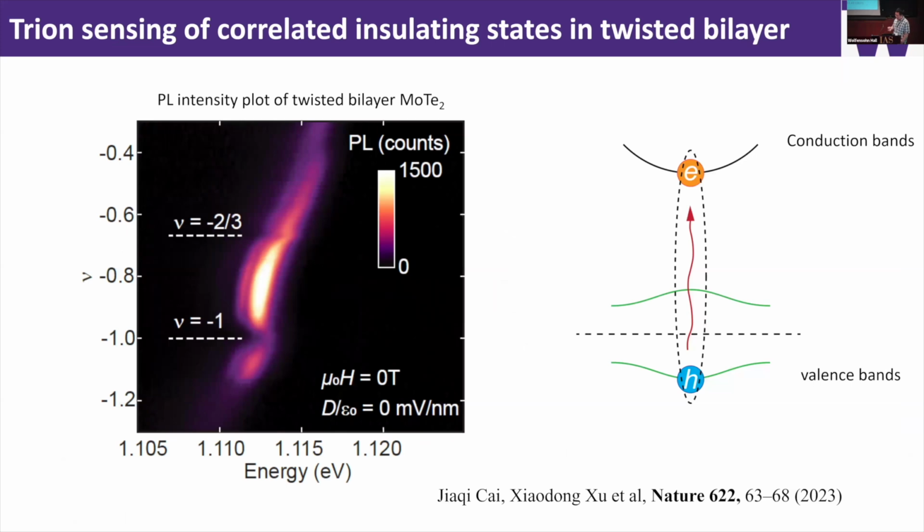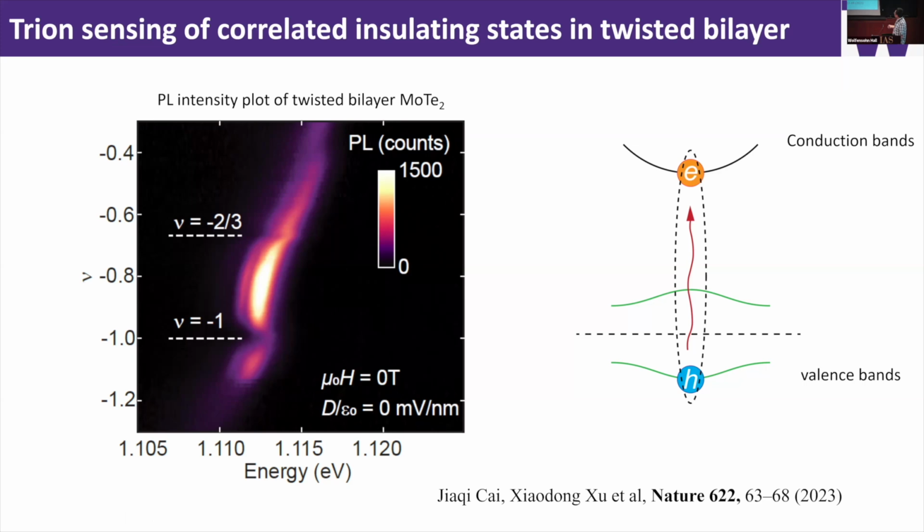So here I highlight the features in the hole-doped side. I show you the PL intensity as a function of filling factor, with energy on the horizontal axis. You can see that the luminescence intensity is suppressed at the fractional filling of -2/3, and also at the filling -1. The suppression of the trion luminescence is coming from the formation of incompressible states.